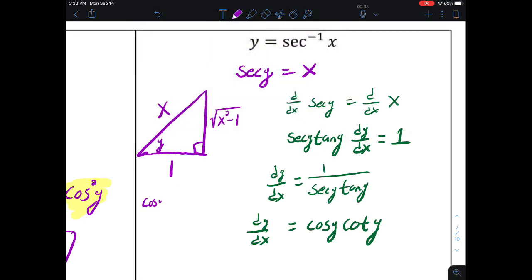Cosine, when applied to my triangle, is adjacent over hypotenuse, 1 over x. Now, here's the thing to remember: x being the hypotenuse, x is always non-negative in this case. So it would be the absolute value of x. Cotangent of y, cotangent is adjacent over opposite.